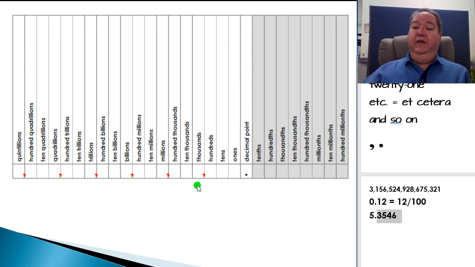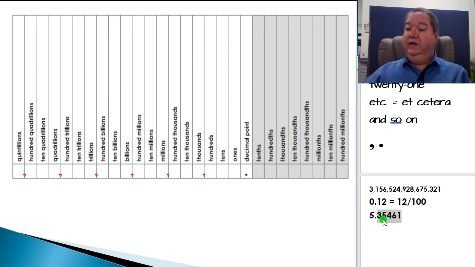Now, on the left side here, notice we have the commas. We do not use commas over here to separate them. This 3,546, there's no comma there. If we add another digit here, 5 and, how do we read this? 35,000. Imagine there's a comma here.